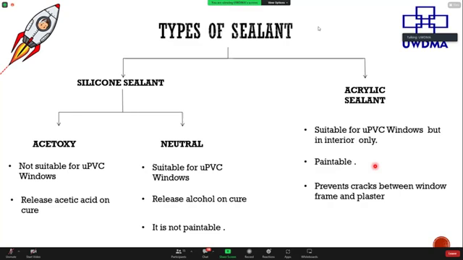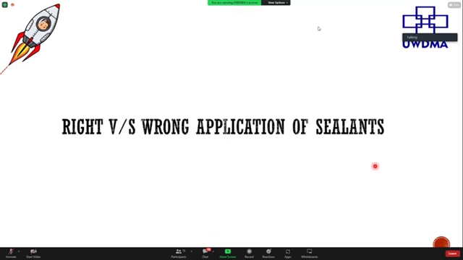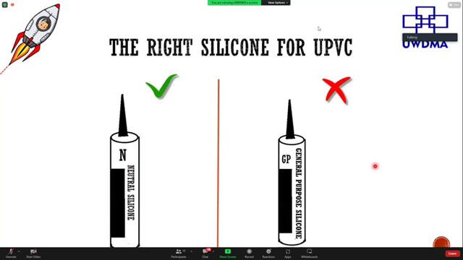So acrylic sealants are paintable and neutral sealants are not. As I've told you, we won't go for general purpose sealants. They are not so good, and their life is also less, so we'll always be going for neutral silicone in the case of our UPVC windows.